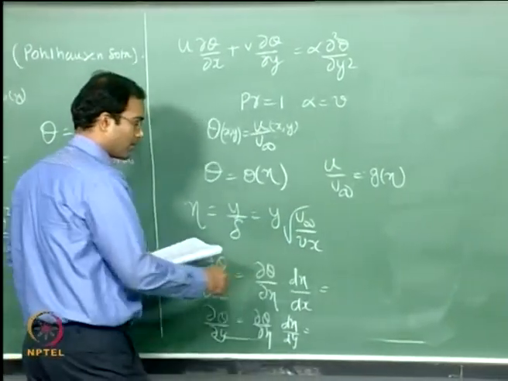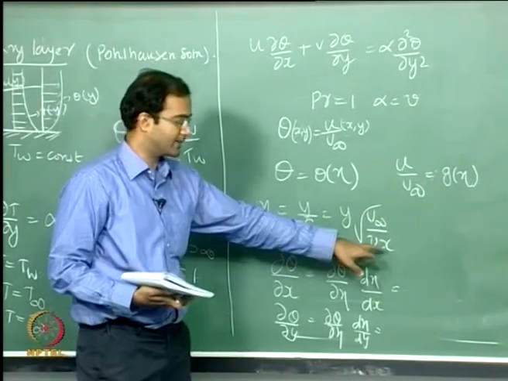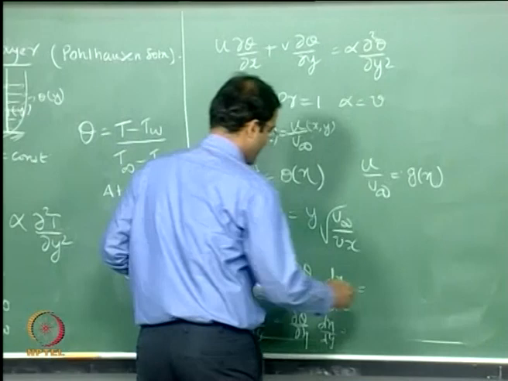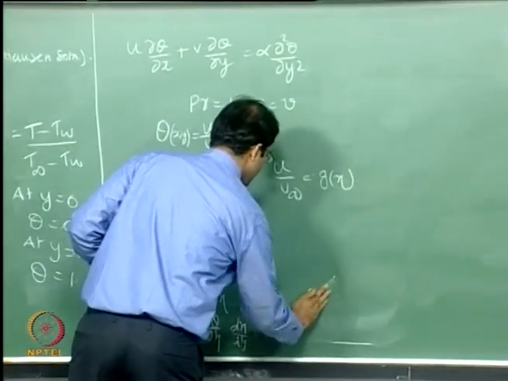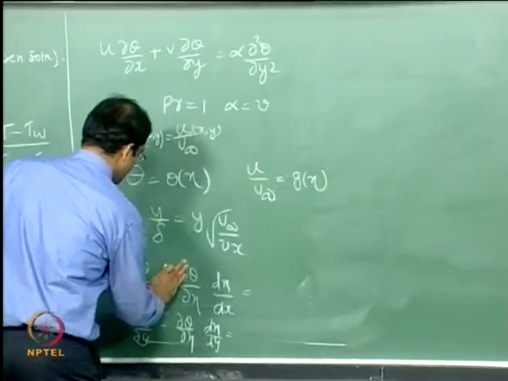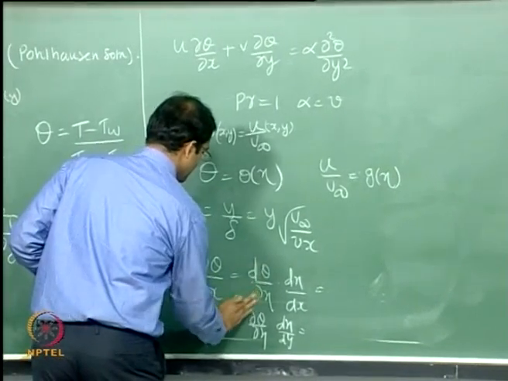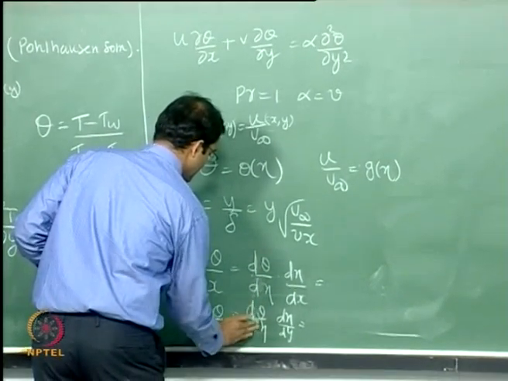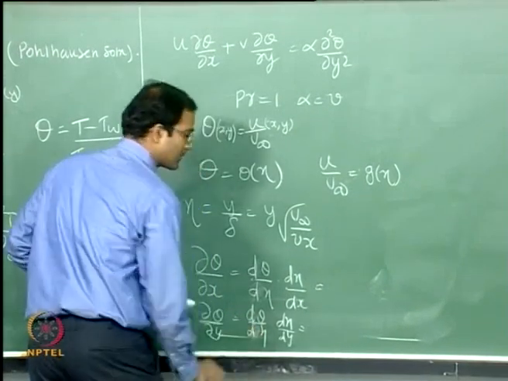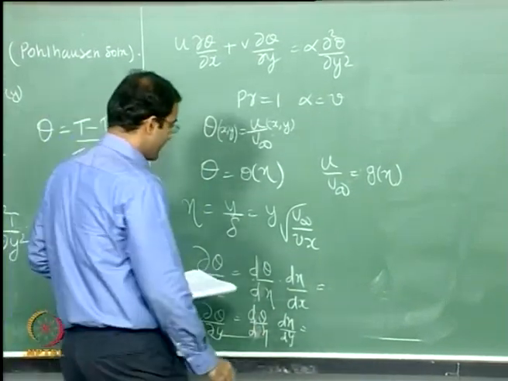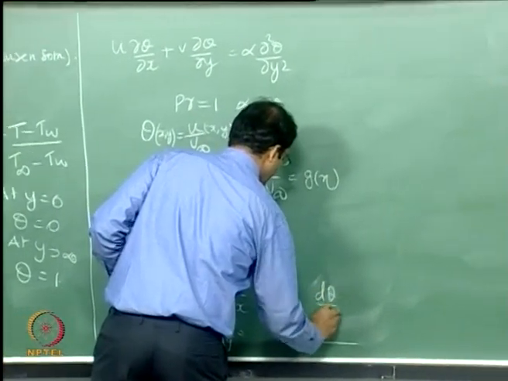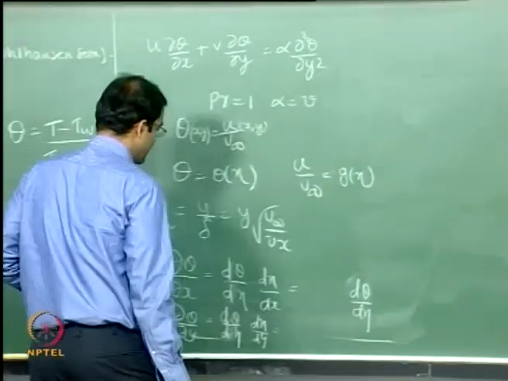Can you work out and tell me? Your eta is a function of x here. Your theta is a function of eta only, so I am replacing everything accordingly. So this will be d theta by d eta and d eta by dx.